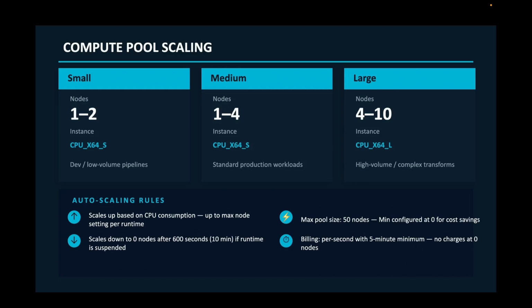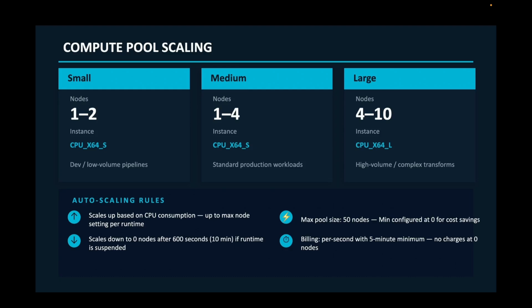And for the large nodes, you can scale it up to 10 nodes, but beyond that, it needs to provision new nodes. So a pool can have multiple nodes, but if you want to have more nodes for a particular runtime, it has to provision a new node within a pool.